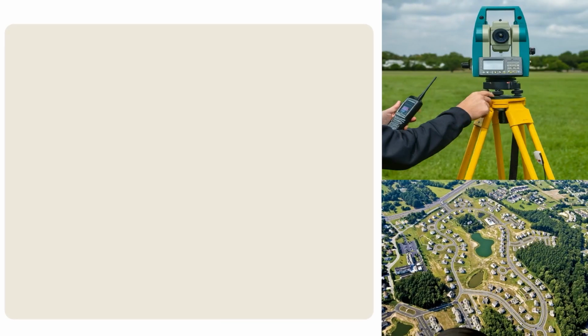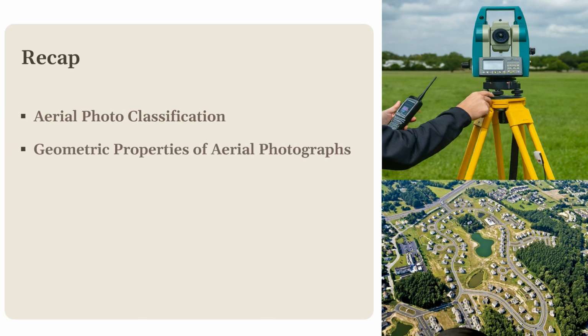We are speaking about photogrammetry for the past two classes, and in our last class we focused on aerial photographs and their uses. We started by classifying aerial photos based on the orientation of the camera axis. Then we explored various geometric properties including the principal point, nadir point, ground nadir point, principal plane, principal line, swing angle, azimuth and isocenter.